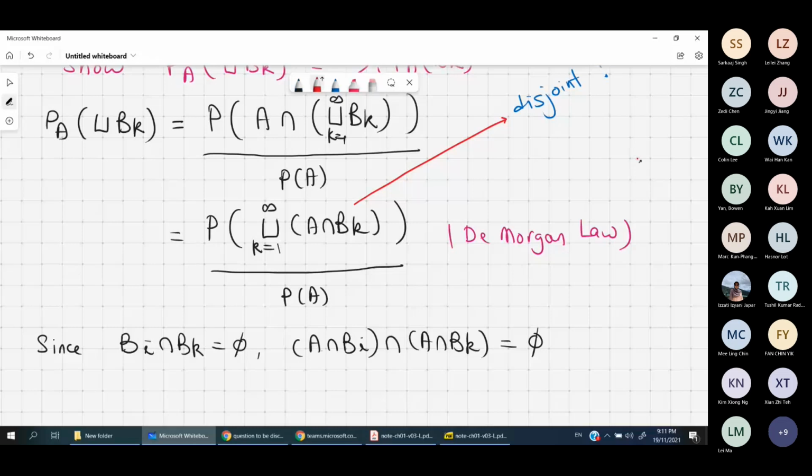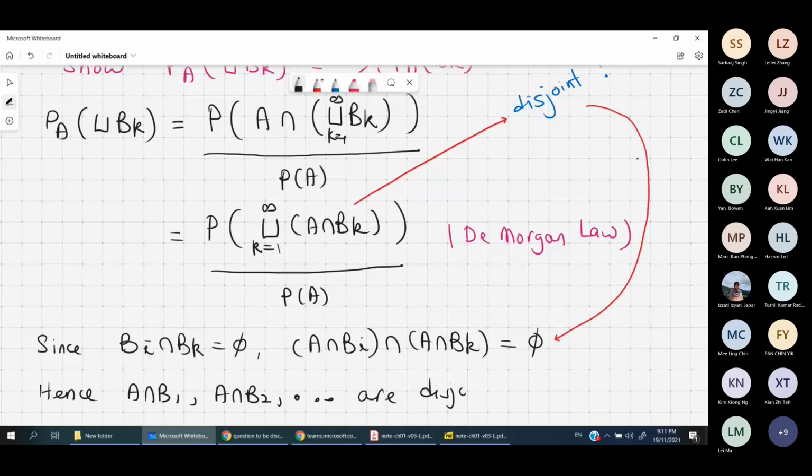Yes, they are disjoint. Then we can make a conclusion. Hence, A intersect B1, A intersect B2, and all these are disjoint events. So most important, we have to ensure this is disjoint.